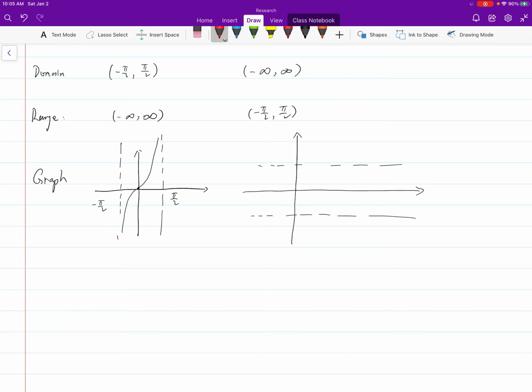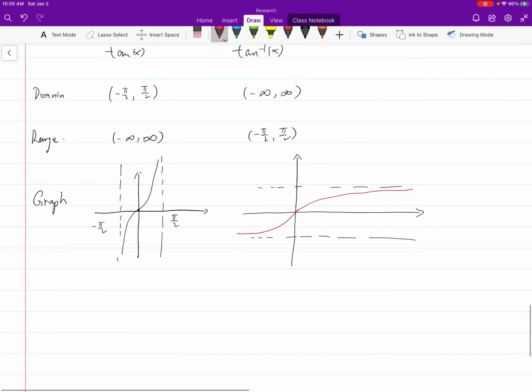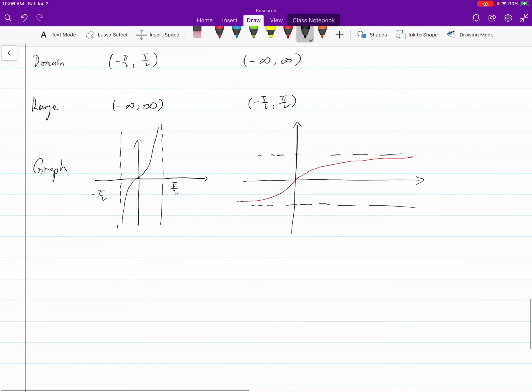Now think about how to draw this. Okay. Number 1, your range is from negative infinity to infinity. Therefore, your domain is from negative infinity to infinity. Number 2, your domain is from negative pi to pi. Therefore, your range is from negative pi over 2 to pi over 2. Number 3, your vertical asymptote becomes your horizontal asymptote.